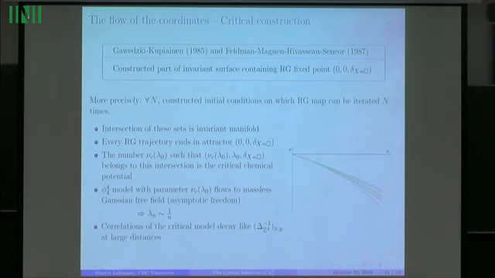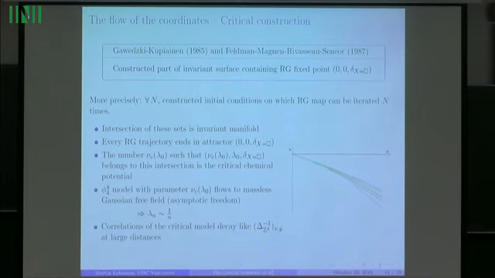And what happens if you're on the surface is that the RG map can be applied infinitely often, and you will end up in this RG fixed point 0, 0, 0. So if you start on this black line, then you will just end up in here after infinitely many iterations.